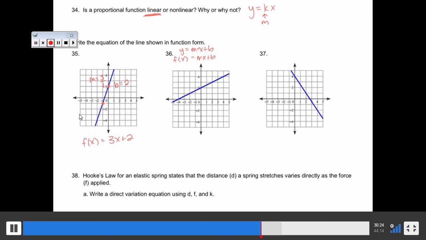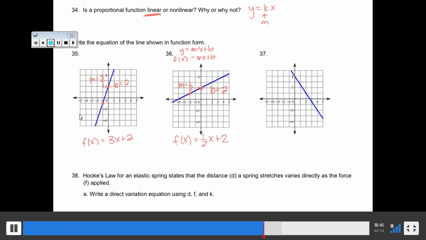The second one, y-intercept is 2. The slope is up 1, right 2. So we can say that f of x equals 1/2 x plus 2.